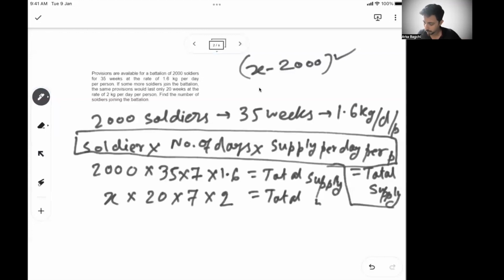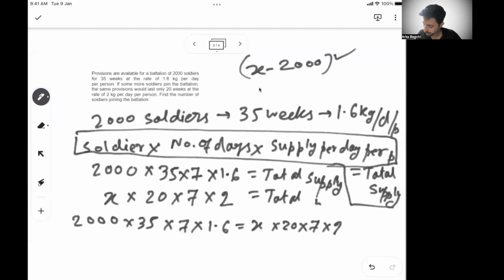So if I equate this to the first equation, 2000 into 35 into 7 into 1.6 equals X into 20 into 7 into 2. So 7 gets cancelled out. 2000 becomes 1000. So we can say X is equal to 35 into 1.6 into 1000 divided by 20. 35 into 1.6, how much does it become? 56.